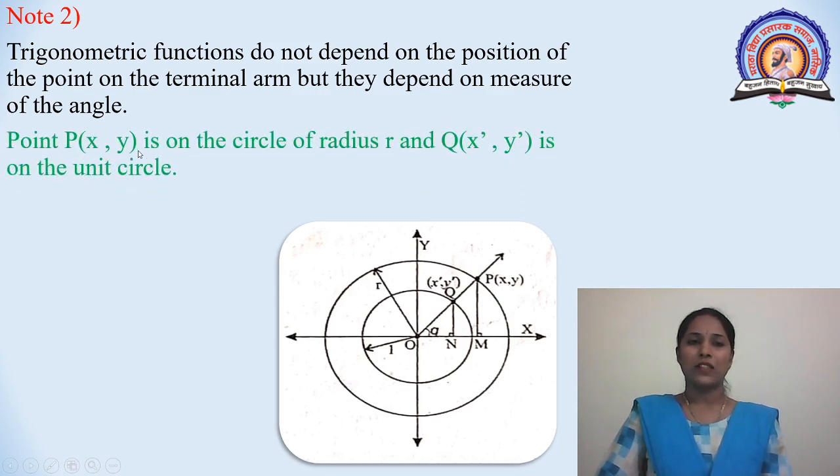Point P of xy is on the circle of radius r and Q of x dash y dash is on the unit circle.